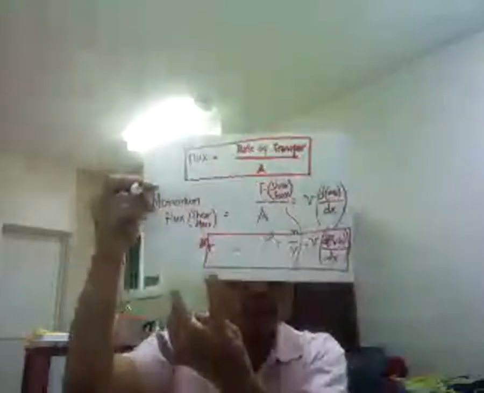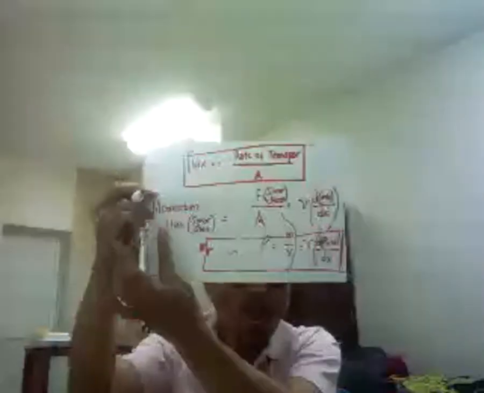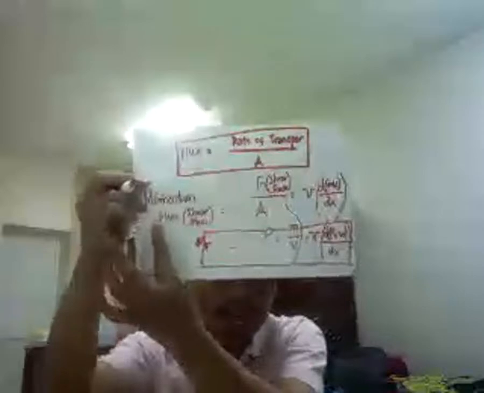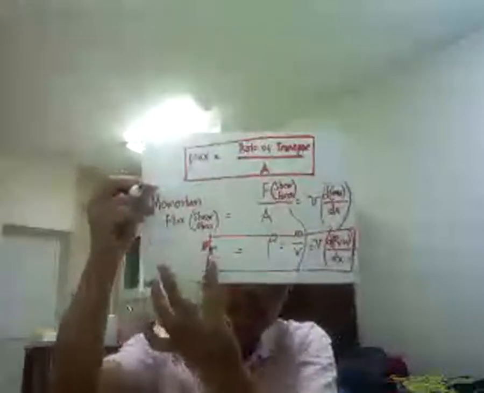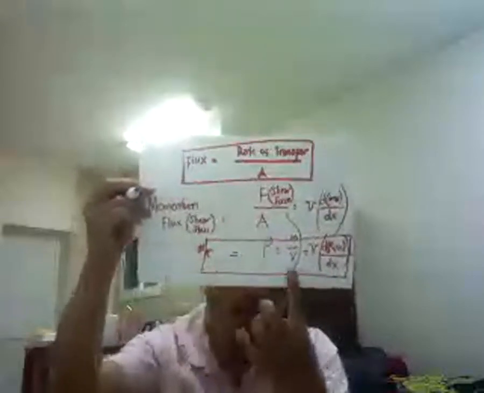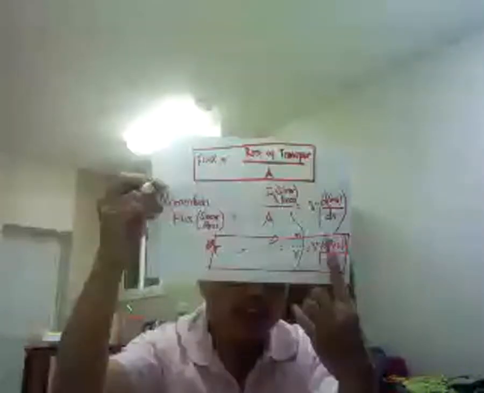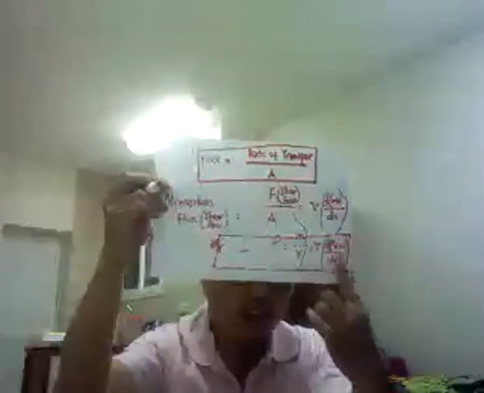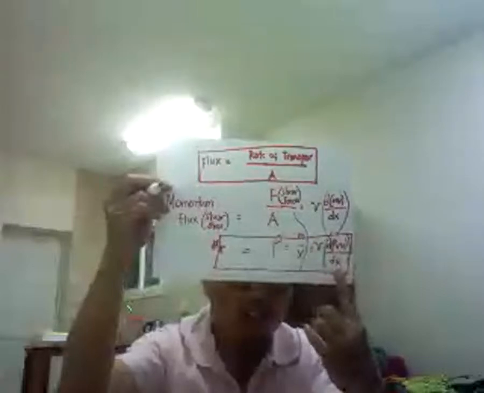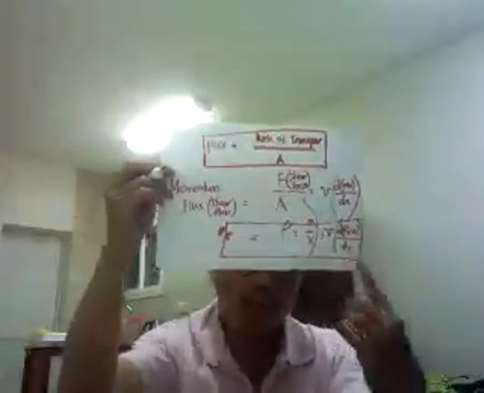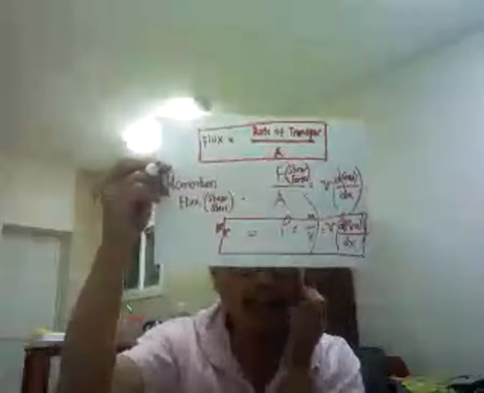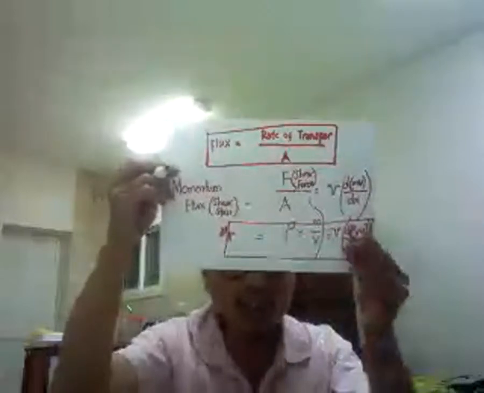So r, which is our momentum flux, is equal to the kinematic viscosity or the momentum diffusivity times the volume times the velocity over dx, which is the horizontal position of a fluid. Okay, something like that. It's very clear, huh? Okay.